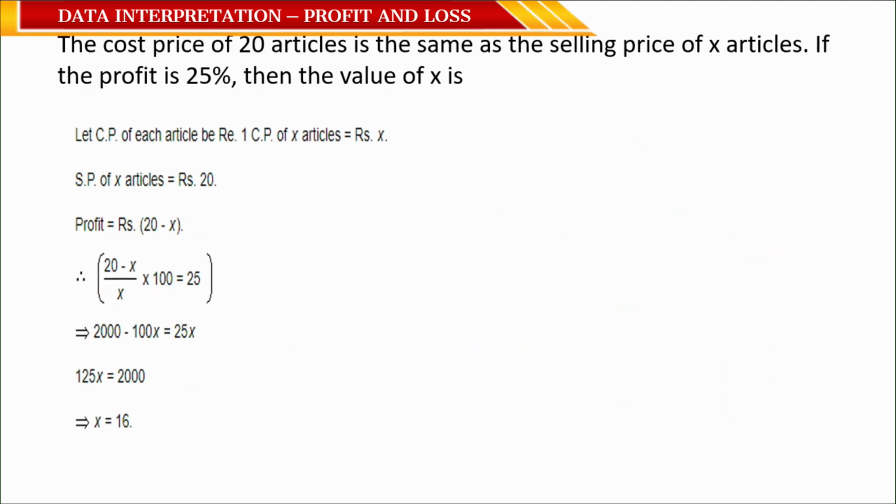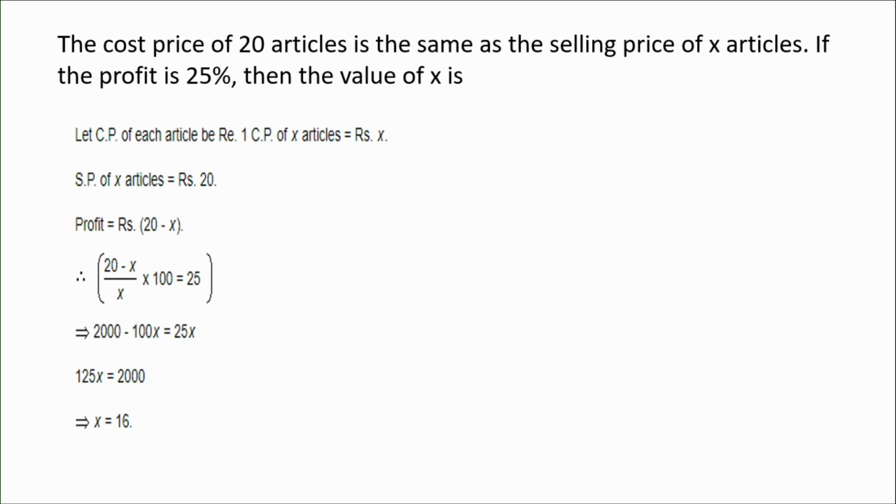Now, we will see one more question here. The cost price of 20 articles is the same as the selling price of X articles. If the profit percentage is 25%, then what is the value of X? This is the question.